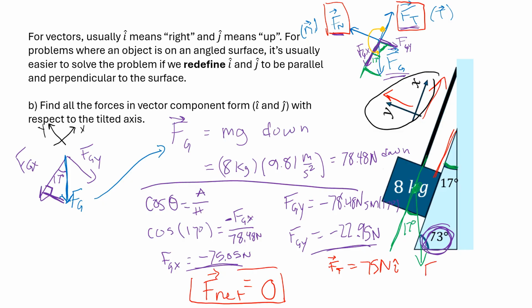The normal force is equal to, actually let's call it 23, let's go ahead and round, 23 newtons J hat. Fg is equal to negative 75 newtons I hat minus 23 newtons J hat.